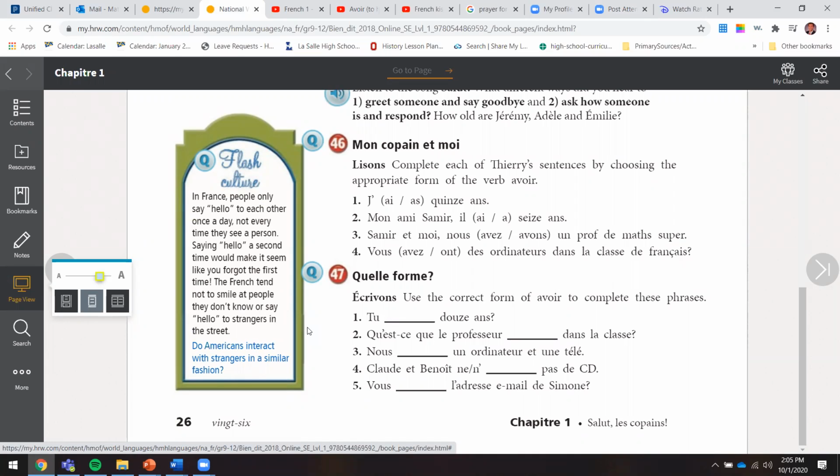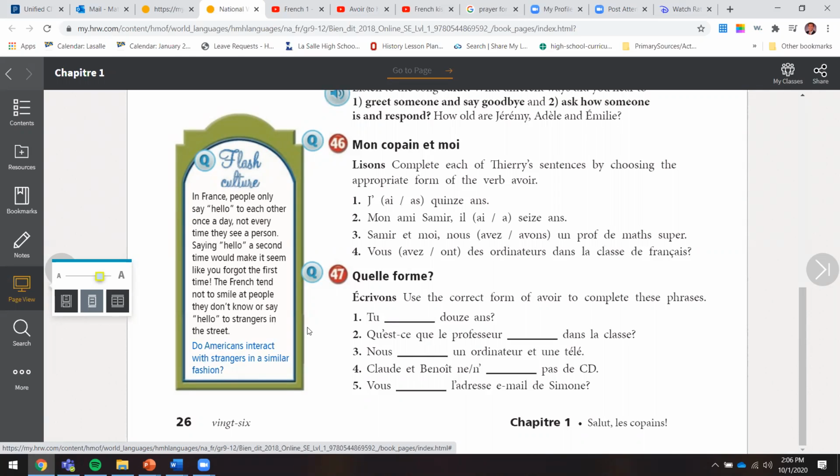But together or by yourself, you're going to put it to the test on page 26, 46, and 47. This one and this one on page 26. It's basically going to ask you to pick or write in the correct conjugated ending, depending on what you think is right.